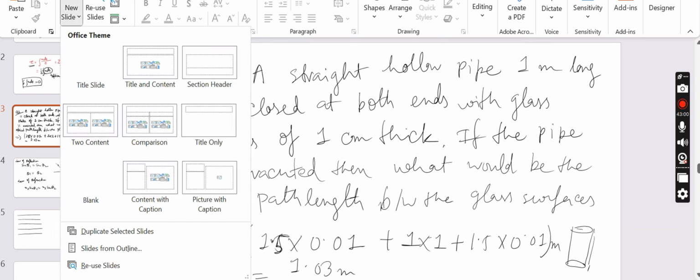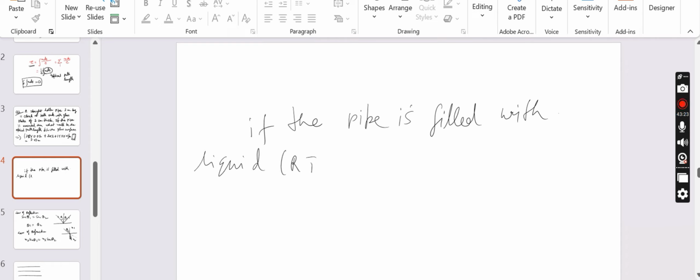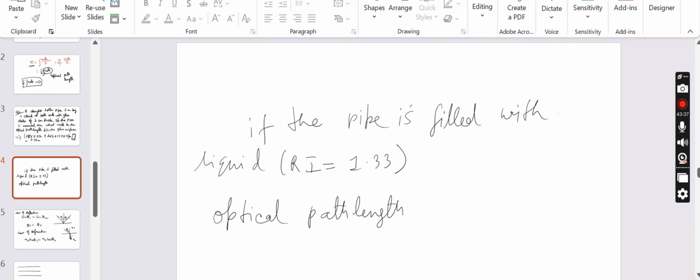And if the pipe is filled with liquid whose refractive index is 1.33, then the optical path would be 1.5 into 0.01 into 2, because there are two surfaces, plus 1.33 into 1.